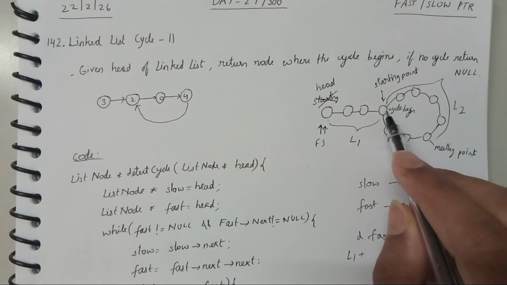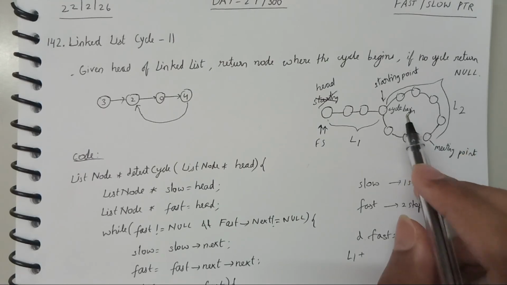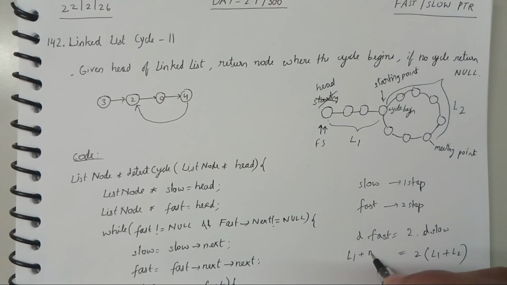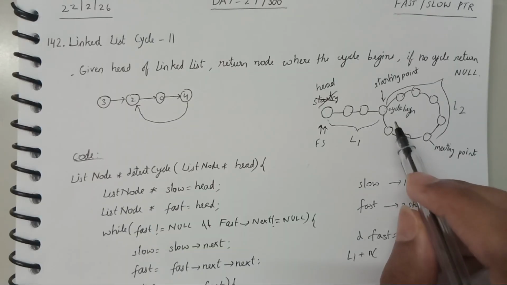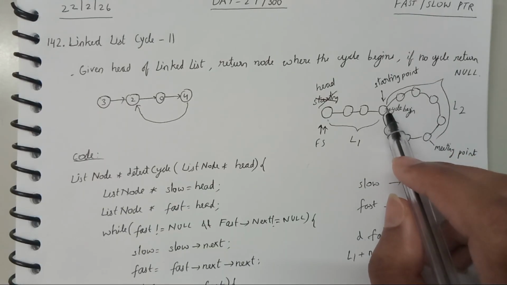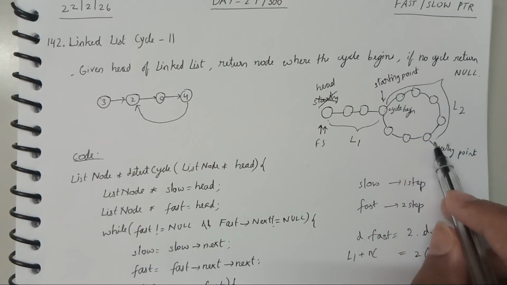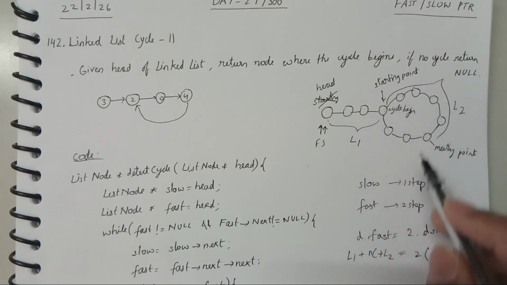So let's suppose it covered n number of cycles, and let C be the number of nodes in the cycle. So n times C will be the total distance it has covered in cycles. And after covering n cycles, if it again comes here and again travels L2 distance to meet at the meeting point, so plus L2 will give the distance covered by the fast pointer.